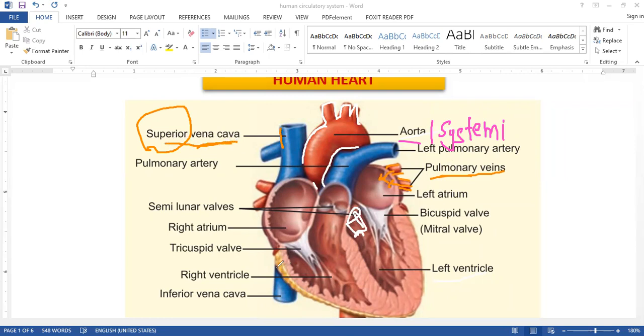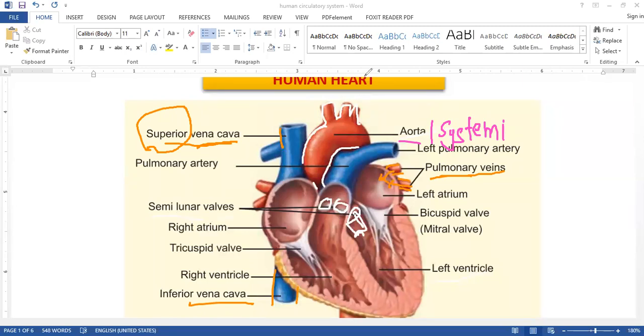And there is another tube which is starting here, the inferior vena cava. And also, there are valves in the pulmonary artery and systemic artery. We call them semilunar valves.